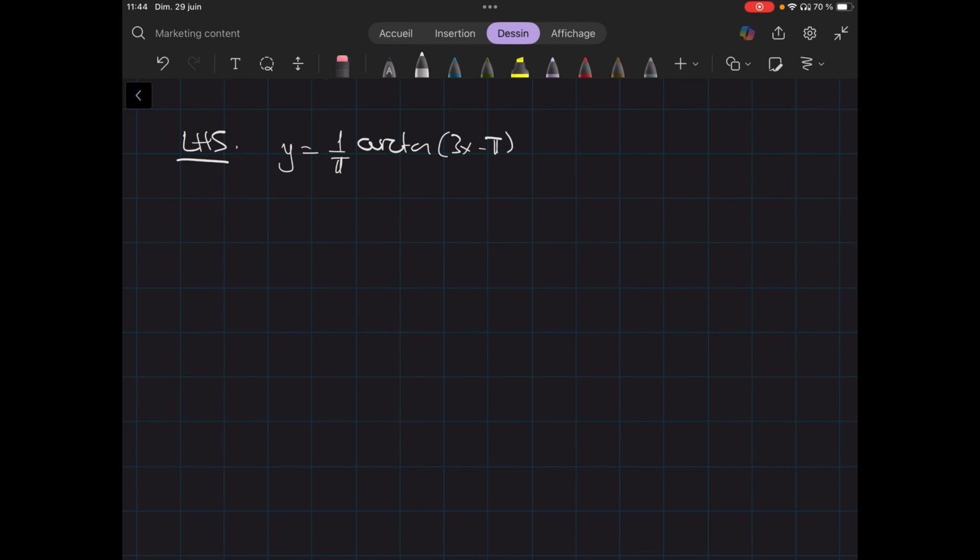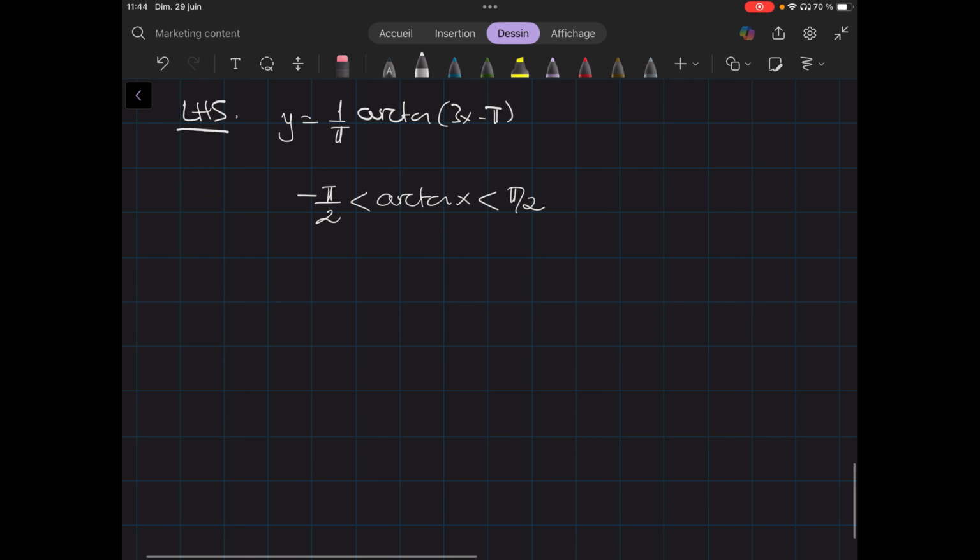Recall from earlier that the range of y equals arctan of x is between negative pi by 2 and pi by 2. Changing the argument, doing horizontal transformations on the curve, does not change the range.